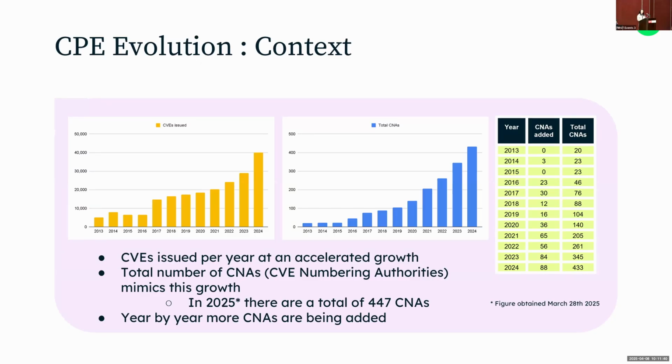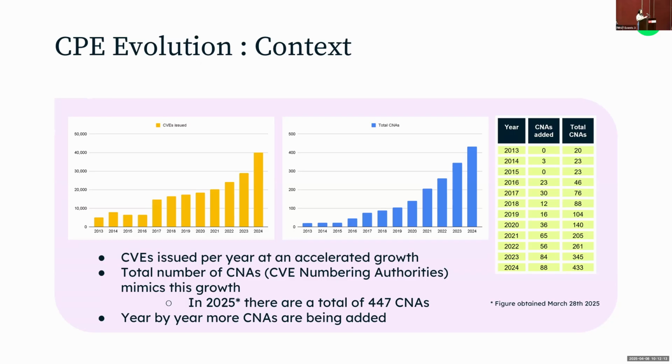And then crucially, the number of CVE numbering authorities, aka CNAs, underscores this trend. So you can see on the graph in blue, showing the total number of CNAs at the end of every year, almost mimics the trend of number of CVEs issued that year. If we look at the most recent years, in 2022, 54 CNAs joined the group, followed by 84 in 2023 and 88 in 2024.